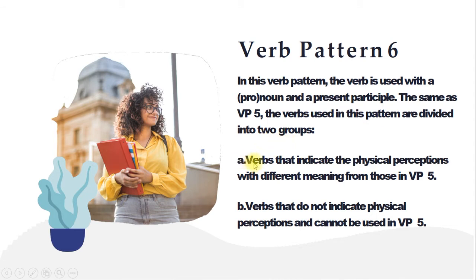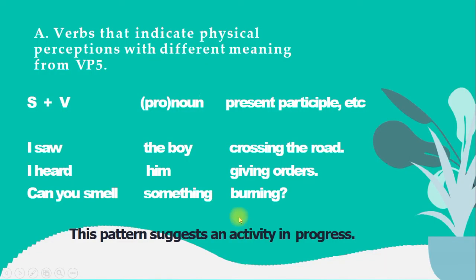First are the verbs that indicate physical perceptions with different meaning from those in verb pattern 5, and then verbs that do not indicate physical perceptions and cannot be used in verb pattern 5. Okay, let's see the meaning of the groups.